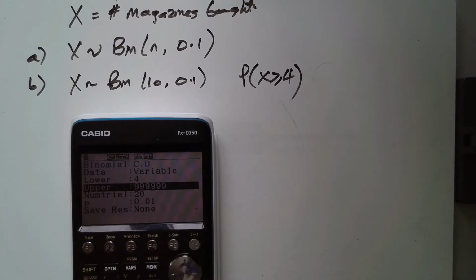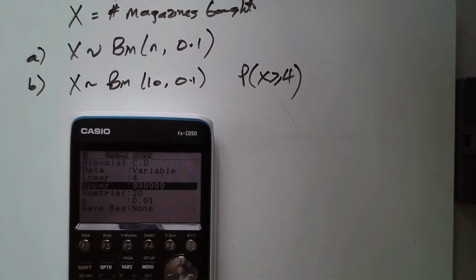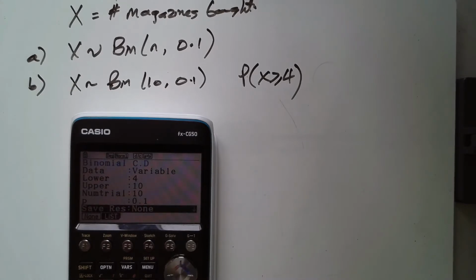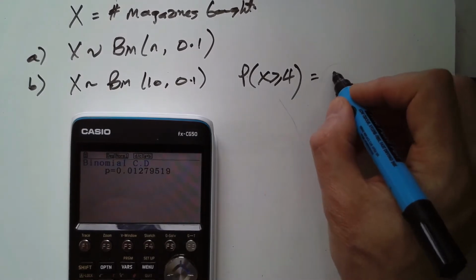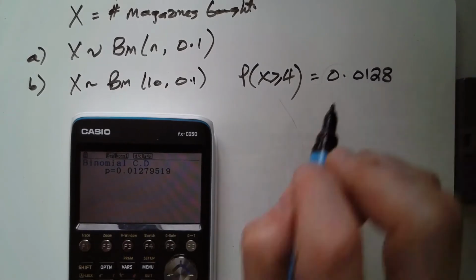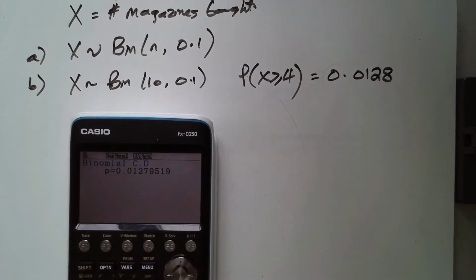Lower is 4, upper isn't 99999 because it's a binomial. The upper end is 10, you can only sell 10 of them. We've got 10 trials, probability 0.1, and that gives quite a low number, actually: 0.0128 to 3 significant figures.